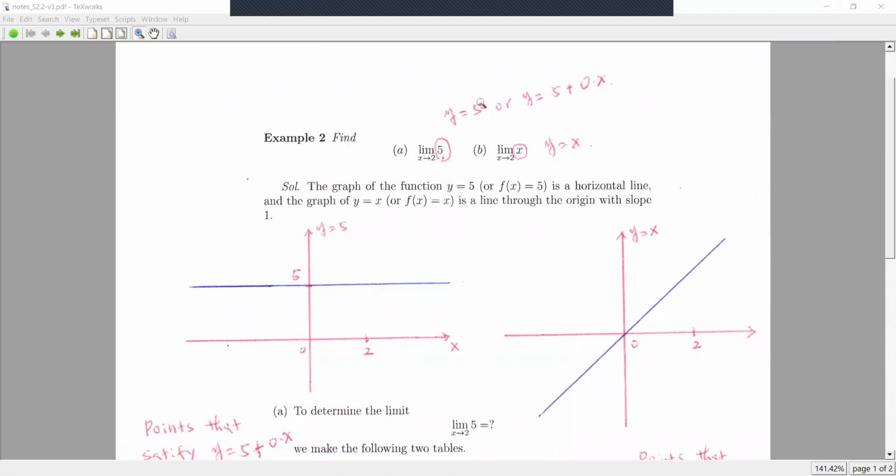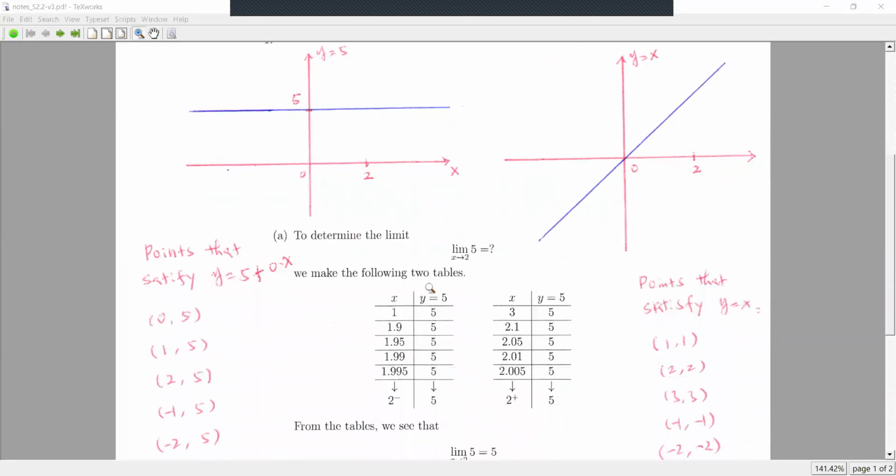The graph of this constant function is this horizontal line. The graph is the set of all the points that satisfy this equation. All the points that satisfy this equation are the points on this horizontal line. For example, these points satisfy the equation.